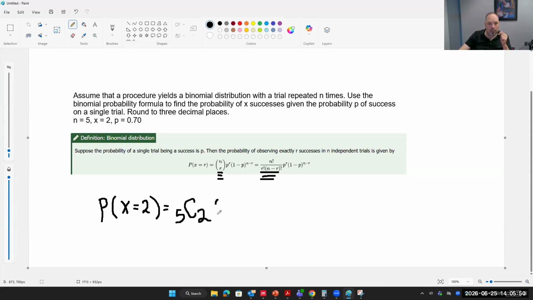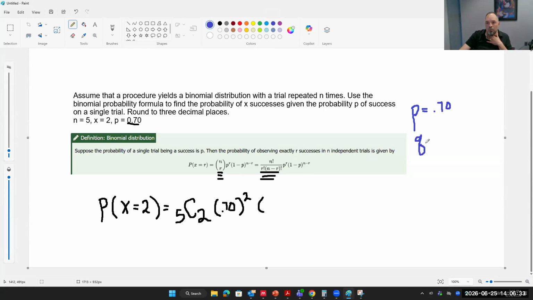And then it's the probability of success is 0.70. And it's to the second power because we want 2 successes. Now, we want to think of so P is 0.70.